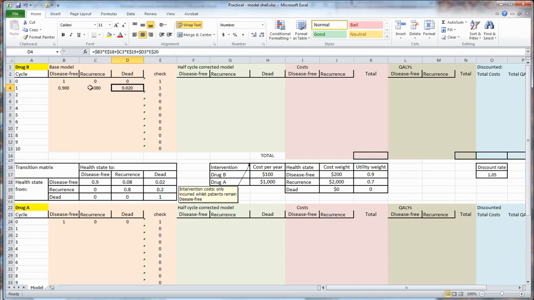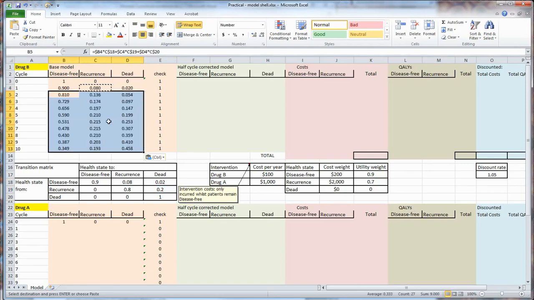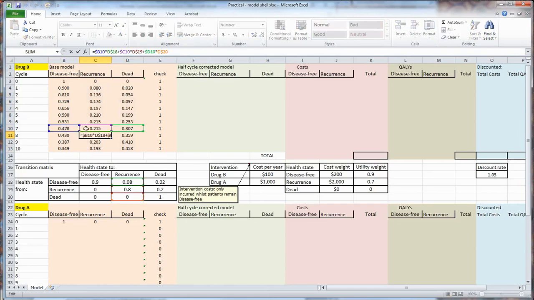Okay. So we can copy across the columns. We can also copy down the columns. So now if we look to take this one for example, we're multiplying the previous proportions in the previous cycle by the probabilities of moving into the recurrent state. So we're wanting the proportion in the recurrent state, we've got the previous cycles multiplied by the probabilities of moving into the recurrent state.